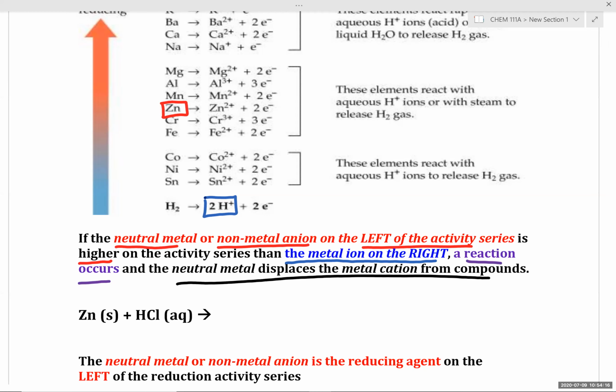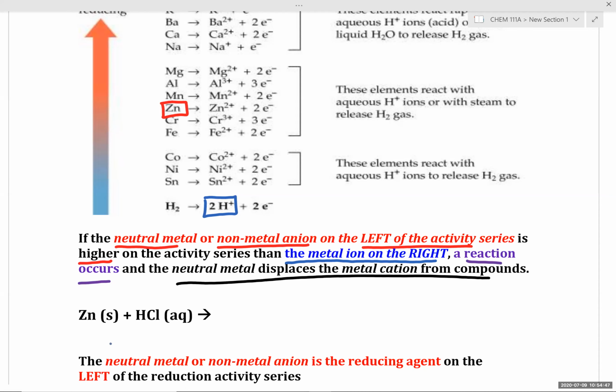Looking at this activity series, is zinc above hydrogen? Yes. So because zinc is higher, a reaction does occur.